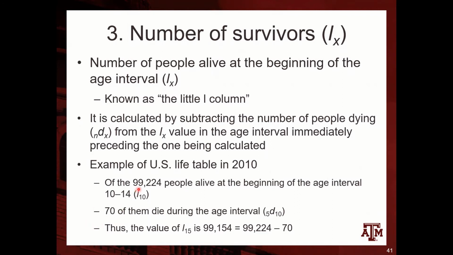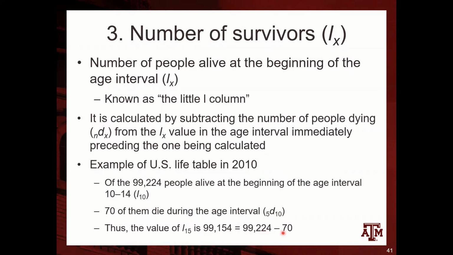So of the 99,224 people alive at the beginning of the age interval 10 to 14, 70 will die throughout that interval, and then 99,154 will be alive at the beginning of the next one, at age 15.